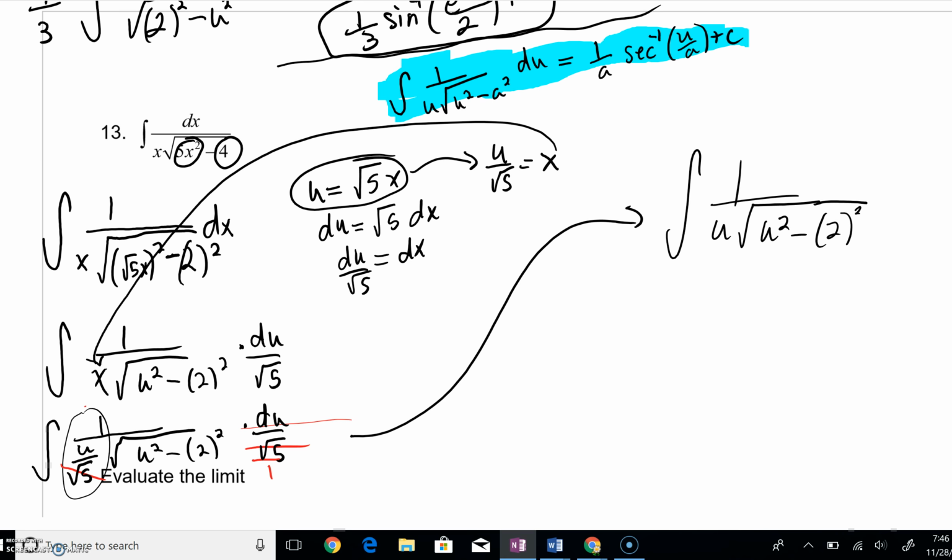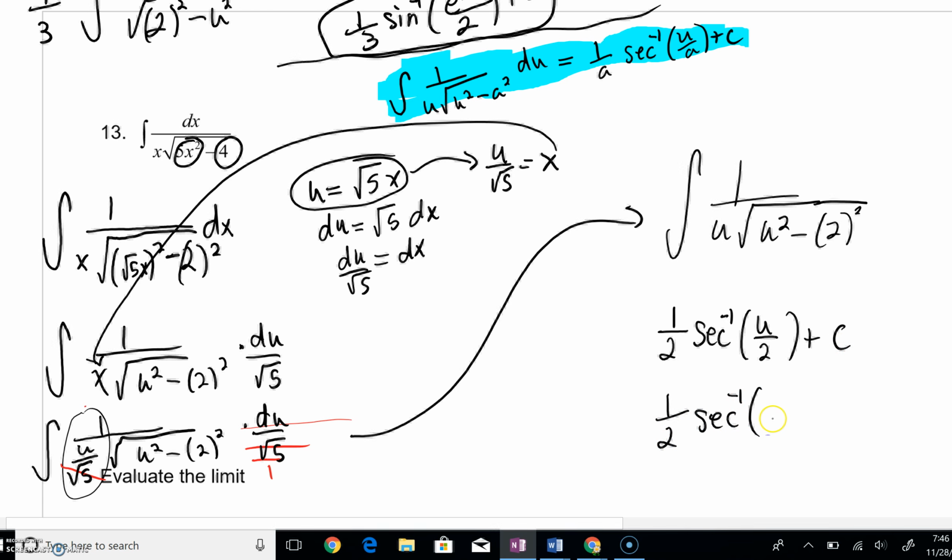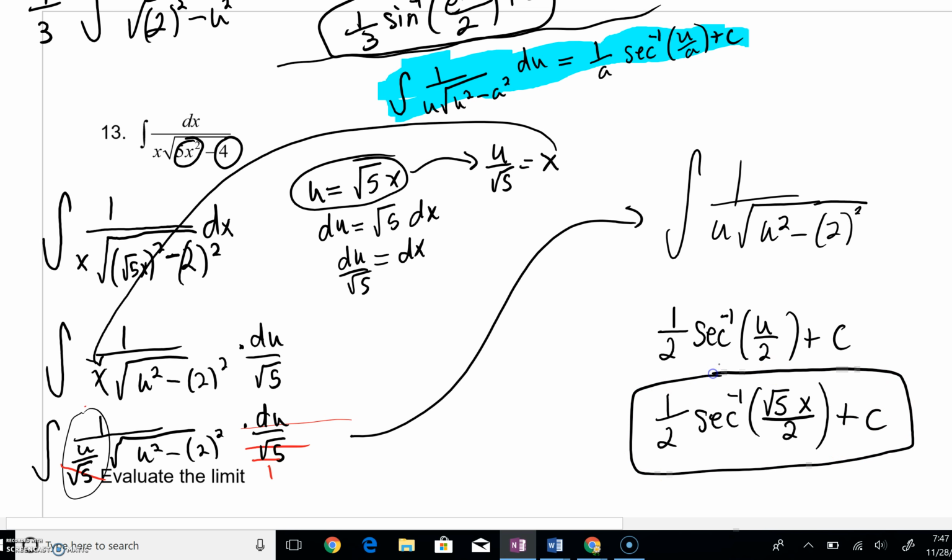And very clearly now it is an inverse secant graph. So we're going to say it's 1 over a, so that's 1 over 2. And we'll have inverse secant of u over a, so that's u over 2 plus a constant. But again, writing this out algebraically, our u is actually radical 5x. So we've got radical 5x all over 2 inside of secant. And that's our final answer.